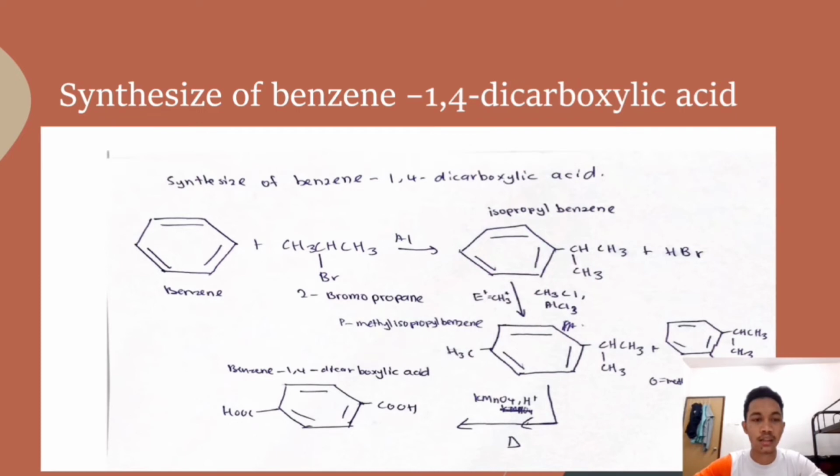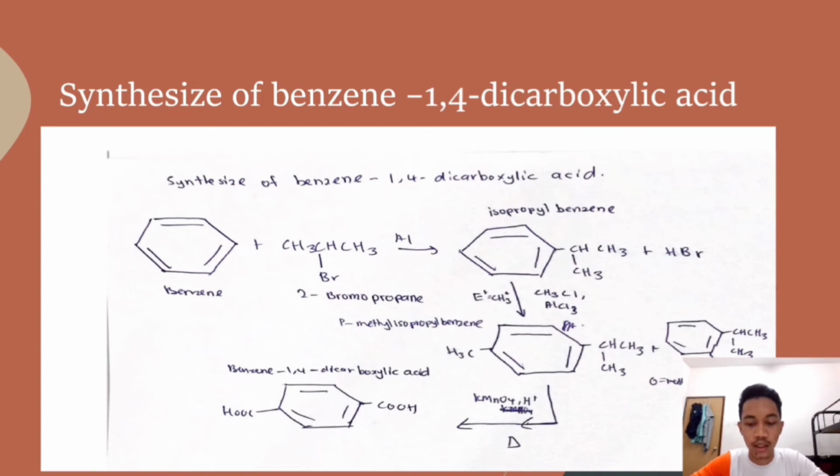with this slide, which is the synthesis of benzene-1,4-dicarboxylic acid. So benzene will be reacted with 2-bromopropane and aluminum chloride as catalyst to form isopropyl benzene. The AlCl3 acts as a catalyst generating the incoming group, the electrophile.